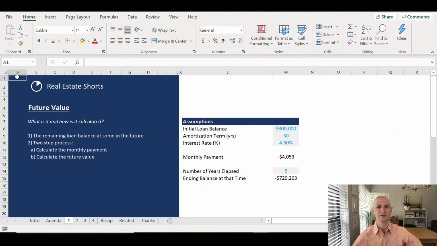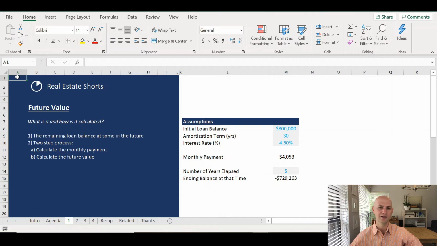Thankfully, oftentimes in real estate, it's a little bit easier than most people would expect, because these future value calculations are going to be based on some kind of contract or obligation or agreement. And I think the most prevalent example of this is the loan or the mortgage. So we'll be exploring how these calculations take place within the context of a commercial real estate loan.